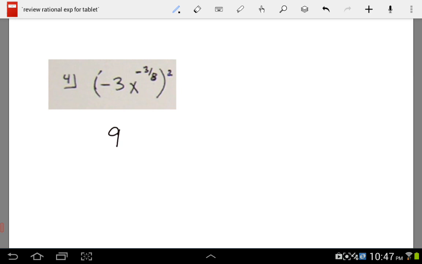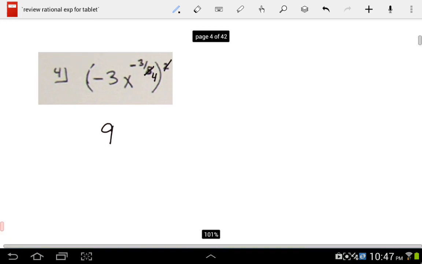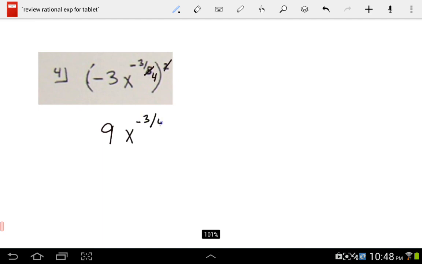Now, as far as my -3/8 and then squared, again, it's a power to a power, so I can multiply, and since I'm multiplying fractions, I can cancel that out there. 2 will go into 8 4 times, so now that's going to leave me with 9 and then x to the -3/4 power. Now, again, we have to write that with a positive exponent, so we're going to write it as 9 over x to the 3/4 power.